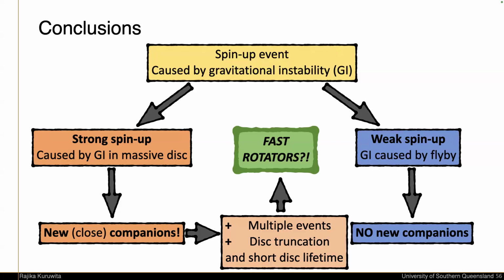Ah, yeah, that's a good point. It probably doesn't have to be a star. I guess if you have a more massive object that would perturb the disk more, and that would create a stronger spin-up event, but you probably could get weaker spin-up events from lower mass companions, maybe like brown dwarfs or a giant in the disk.